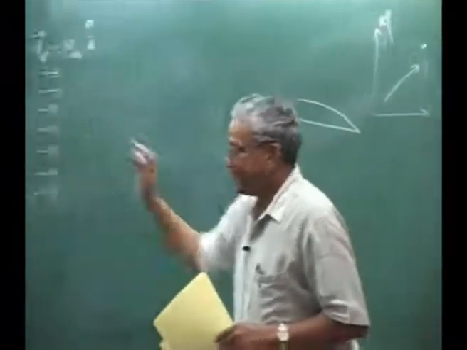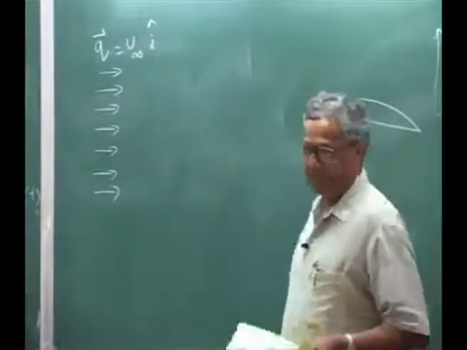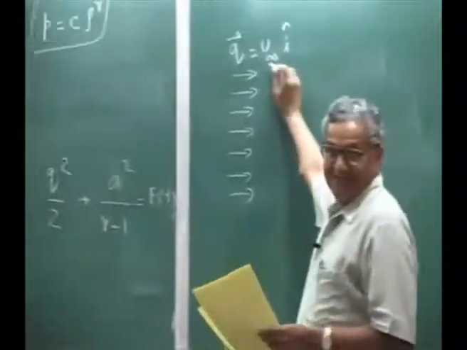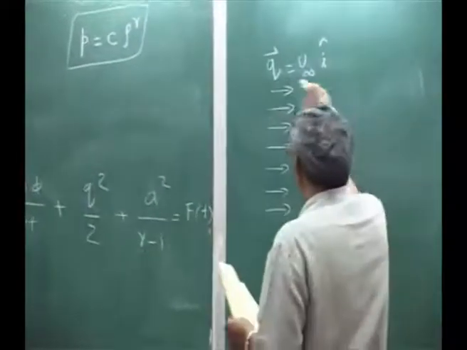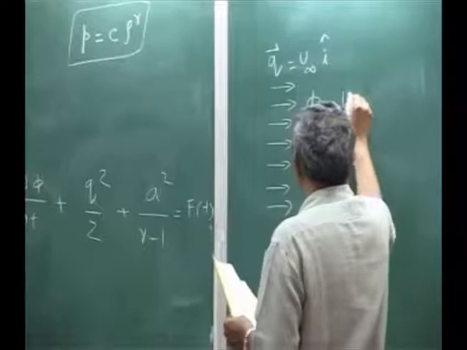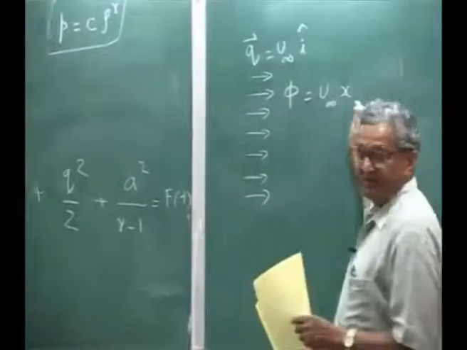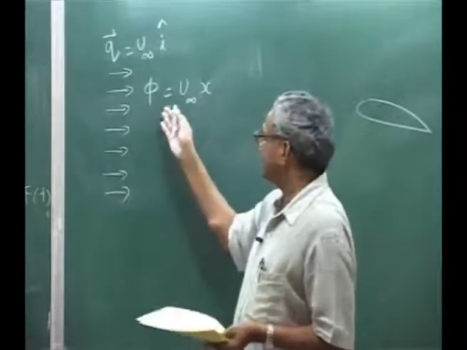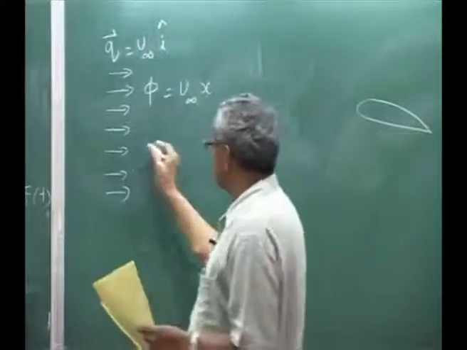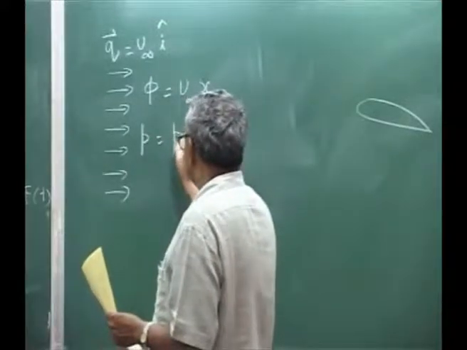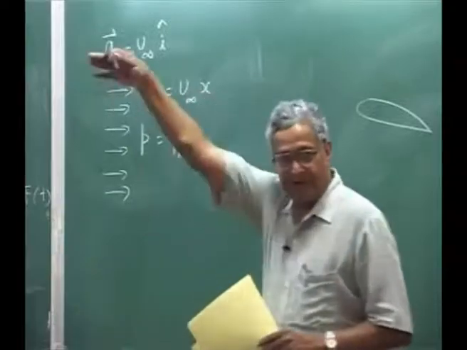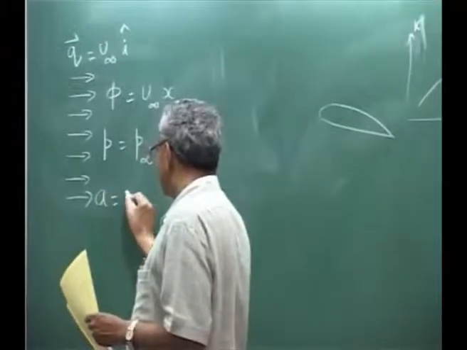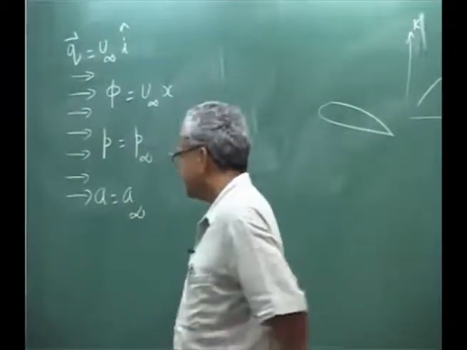So in the far field ahead, the flow is coming steady with the speed u infinity, and you know that phi becomes, because del phi by del x is u, so phi is u infinity x, and the pressure here is P infinity, far field pressure, you may say atmospheric pressure, and the speed of sound A is A infinity.